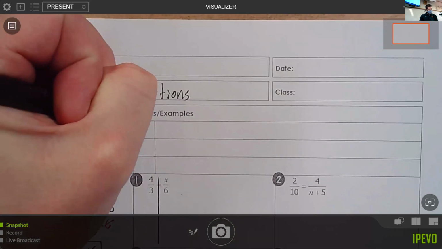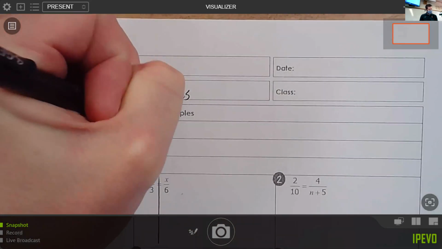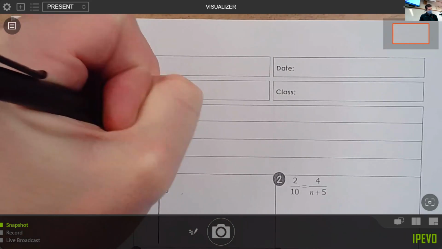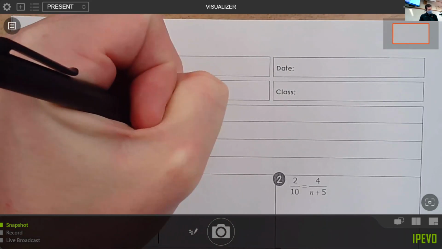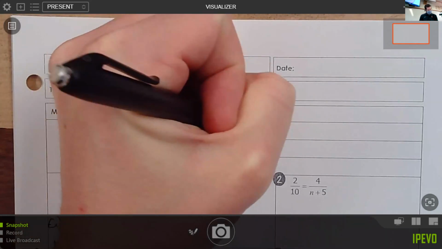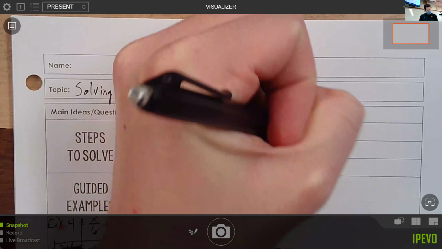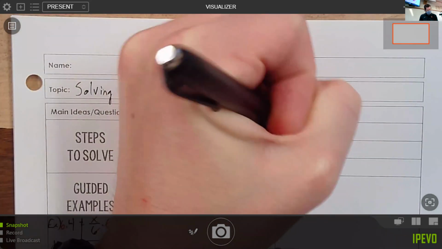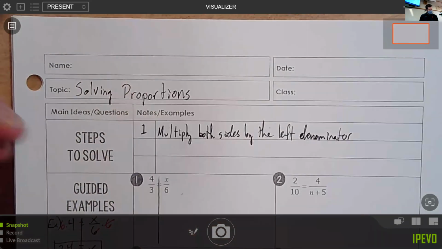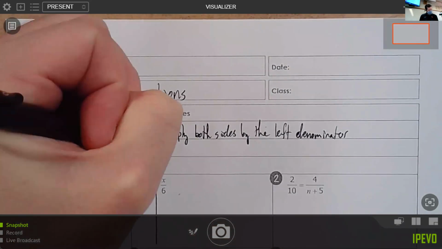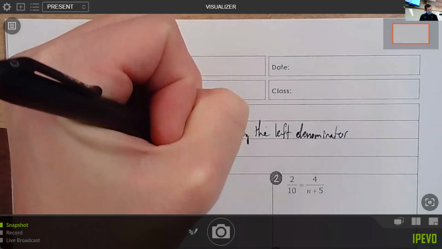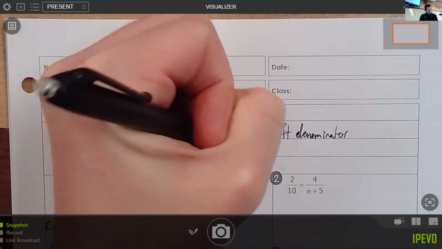Step number 1, let's just say multiply, write pretty small because these are going to be kind of long sentences. Multiply both sides by the left denominator. Step 2, multiply both sides by the right denominator.